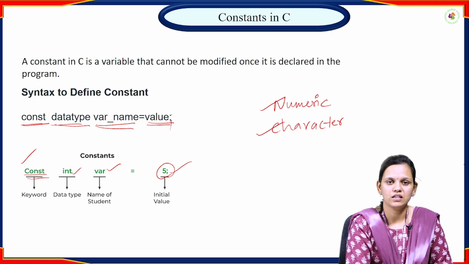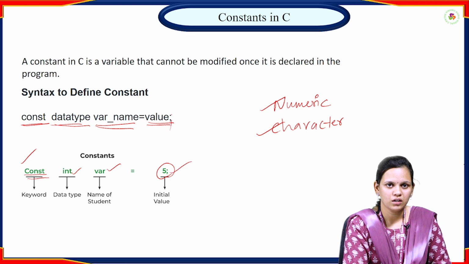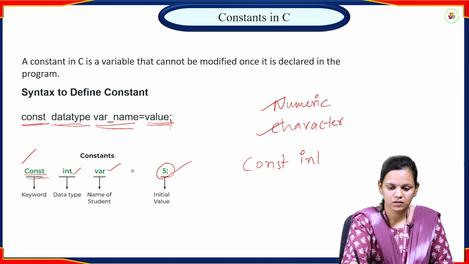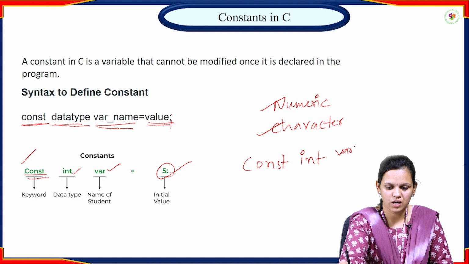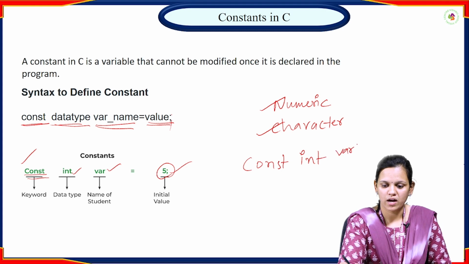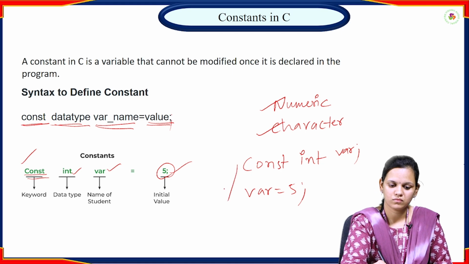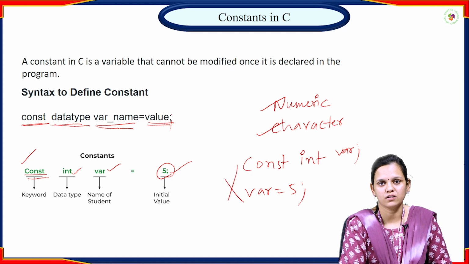So this is how we can define the constant. You cannot declare a constant like this: const int var, and then give the constant value separately.